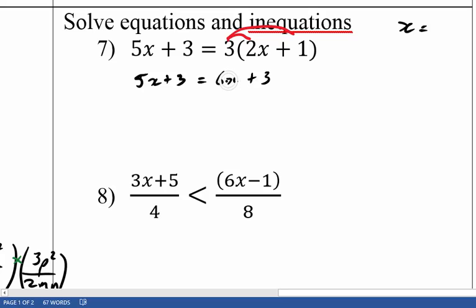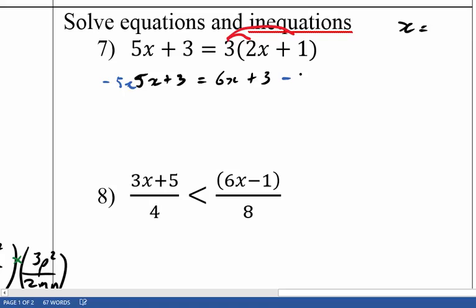Now I probably want to get the x's over here, because if I minus the 6x over this side, that'll turn it to a negative, and I don't want that. But I could do it if I wanted to. And I'm going to take that one and move it over here instead. So getting rid of that 5x, I need to minus 5x.